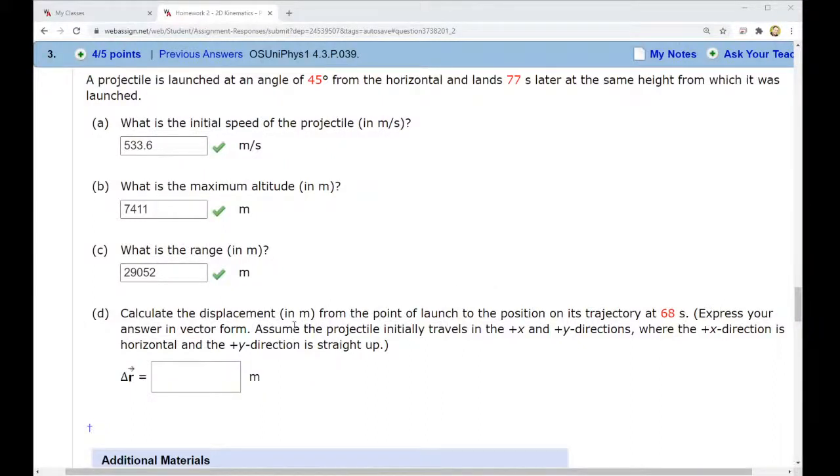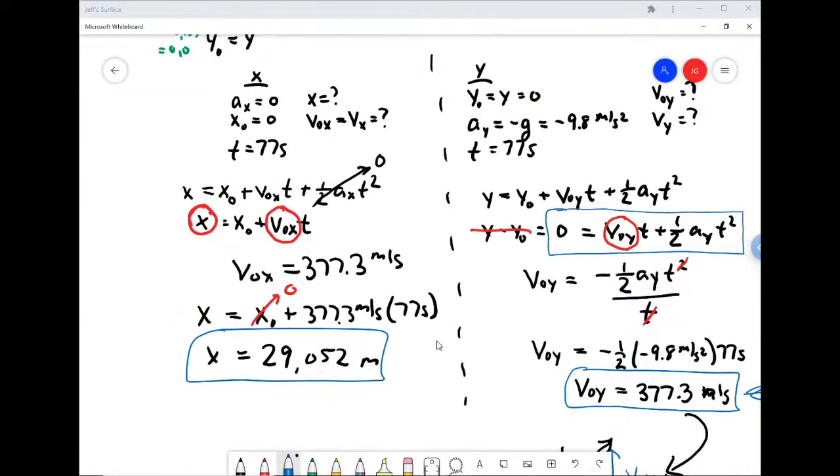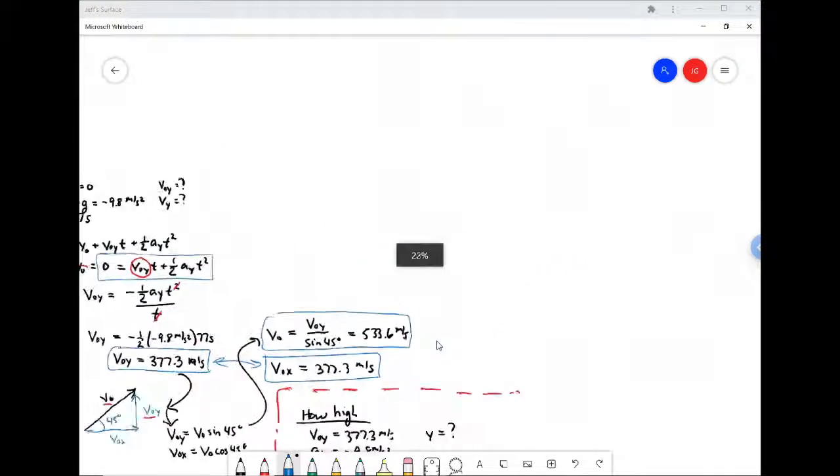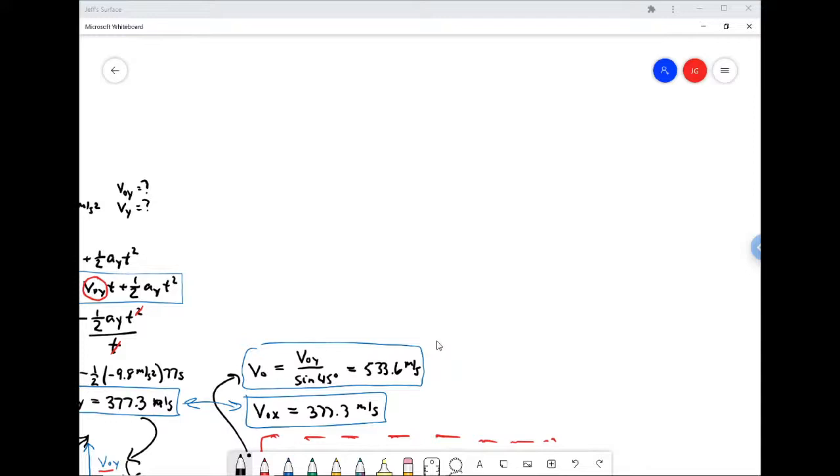All right, so there's one more part to this problem. It says calculate the displacement from the point of launch to the position of its trajectory at 68 seconds. So this is a part of the problem where the projectile is launched, and then at 68 seconds, it's somewhere. It has an x coordinate and a y coordinate.